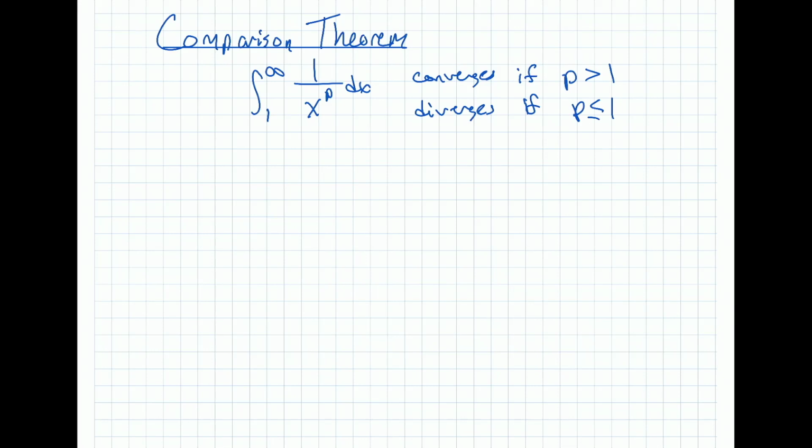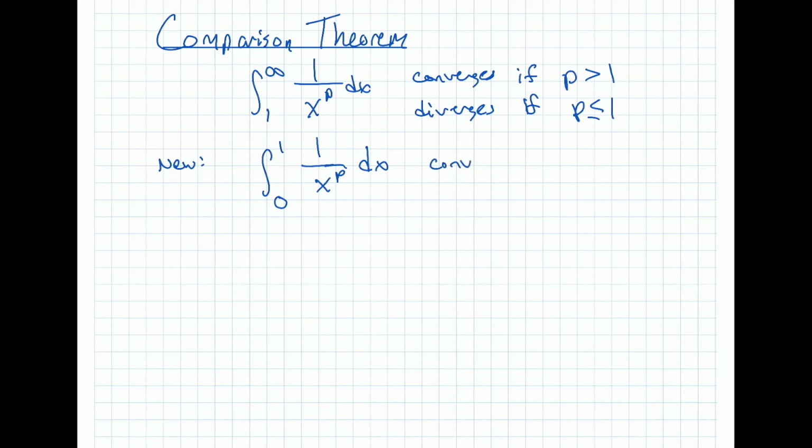Now what I didn't go over yet, so this is new, is if you do an integral from, let's say, 0 to 1 of 1 over x to the p, what about that one? Well, this one actually converges and diverges opposite.